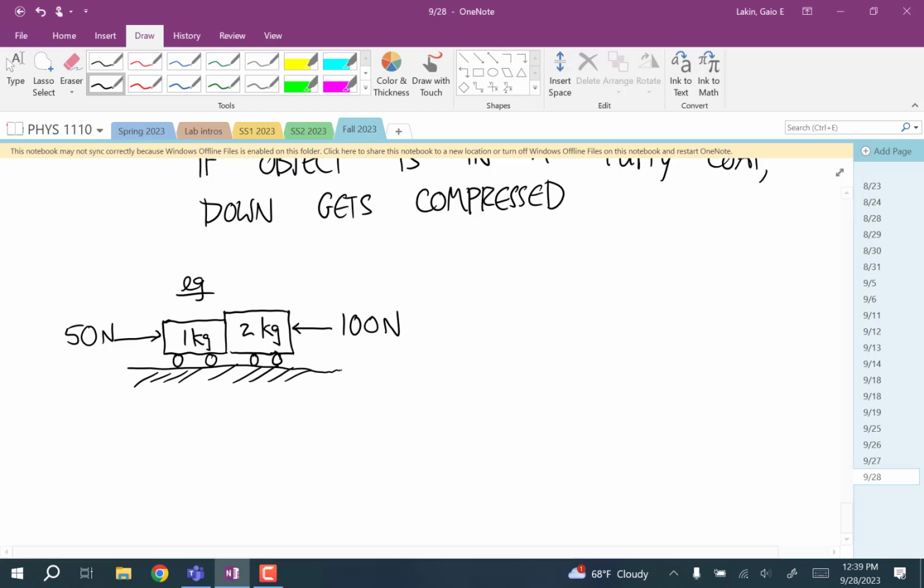Okay, so if you think about the 1 kilogram cart and imagine it wrapped in a puffy coat, where are the 2 places where the down in the puffy coat gets compressed? One is at the wheels. If the ground wasn't pushing up on the wheels, that cart would sink into the ground. And the other one is here.